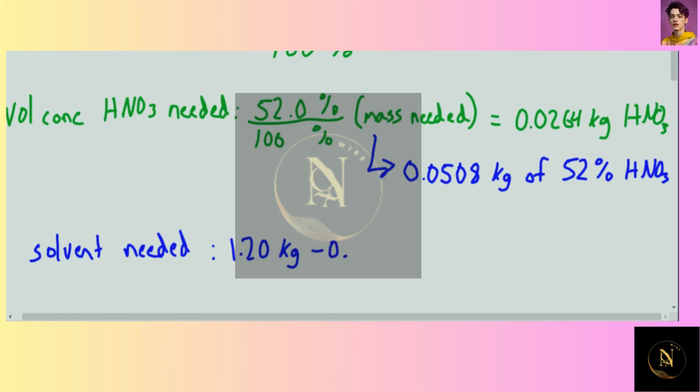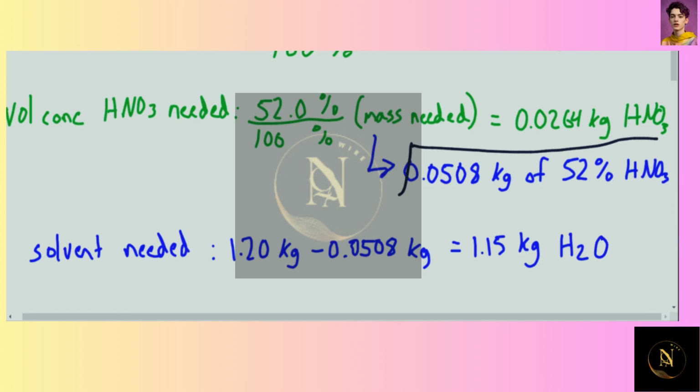So we just need to subtract the amount of the nitric acid solution that we're adding, and we get 1.15 kilograms of water. So to prepare the second solution, we need to combine these two values.